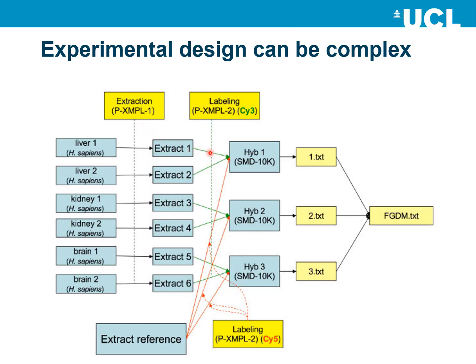This then indicates that this extract and this extract were both joined together on one single array hybridization, and they were both dyed with green CY5. So this is essentially pooling. You're pooling two samples of liver and you're putting it onto one microarray. And the red channel is an extract reference. So this is labeling with CY5.